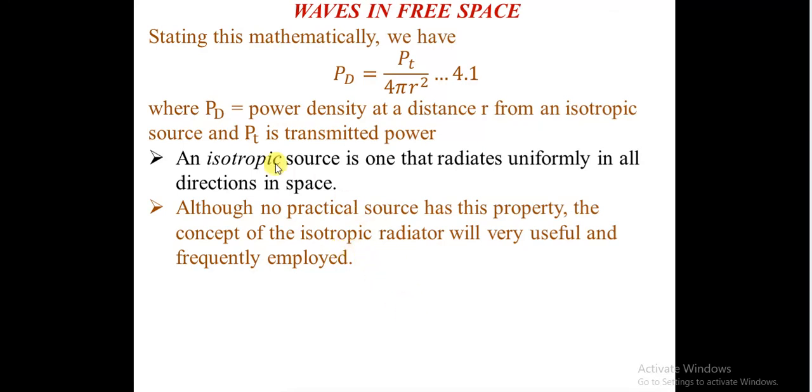It is a source which radiates uniformly in all directions in space. Isotropic source practically does not exist, but the practical one we use is the omnidirectional source.